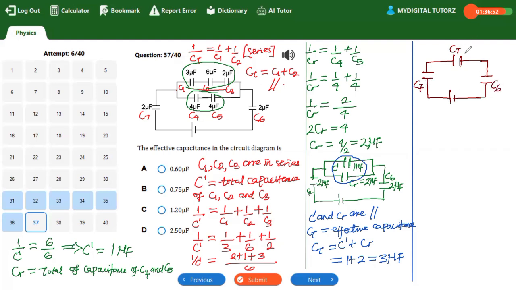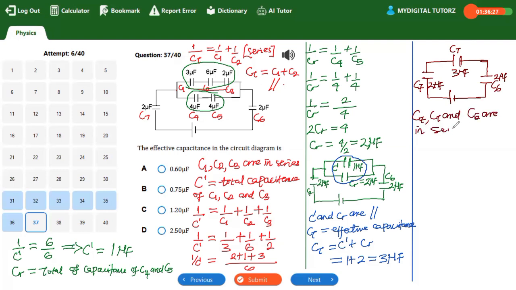Our CT is now 3 microfarad. Our C7 is 2 microfarad. Our C6 is also 2 microfarad. As you can see, this current coming like this, there are no branches, so they are in series. Here, C7, CT, and C6 are in series.